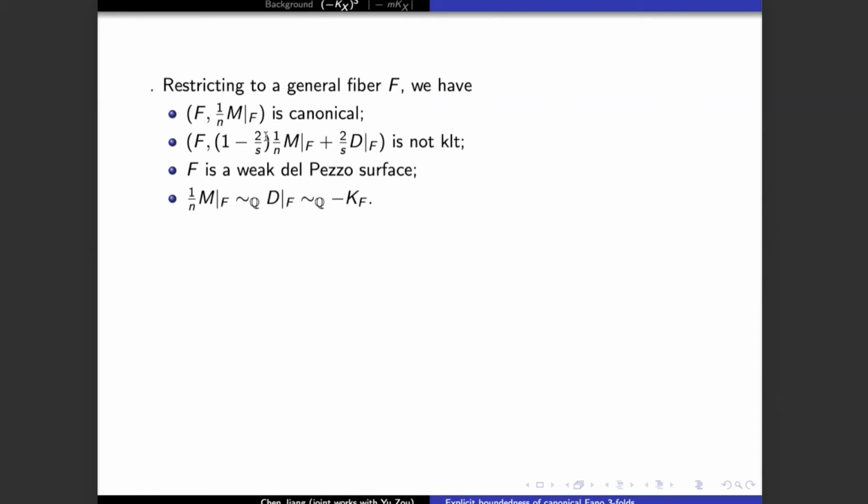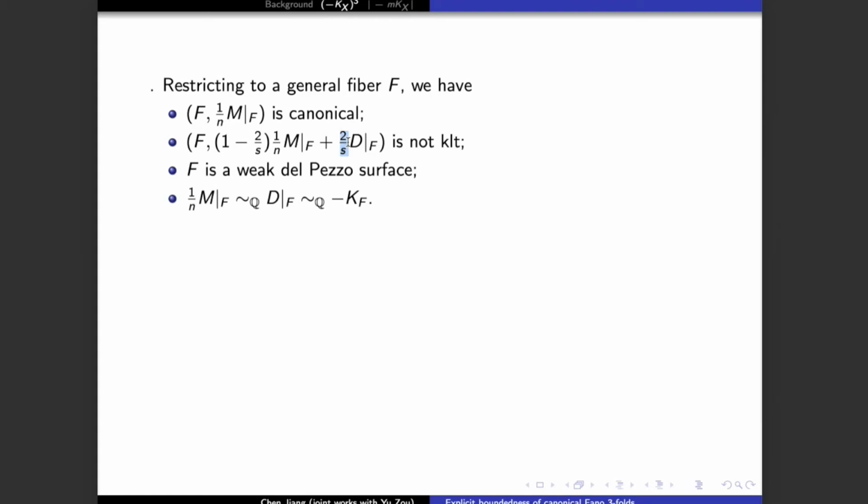So that means from the beginning we have a canonical pair, but if you decrease this boundary a little and you add a little this 2 over S, then it becomes non-KLT. Okay, and both divisors are Q-linearly equivalent to minus K. So somehow this will tell you that this 2 over S cannot be too small, right? Because a small perturbation of canonical pairs should be canonical.